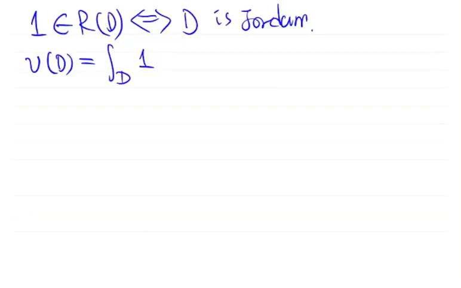Previously we could only compute the volume of rectangles. Now using integration, for a general subset we can talk about whether it has a volume. If it is a Jordan domain, then it has a volume. What's the volume? The volume is precisely the integral of the constant function 1 over the domain.